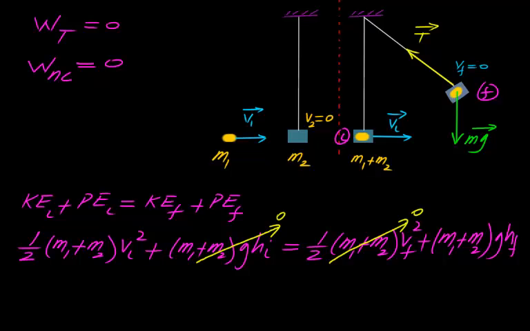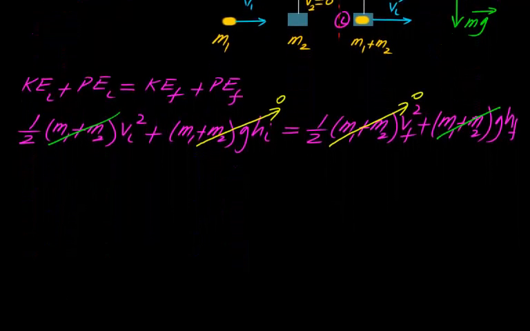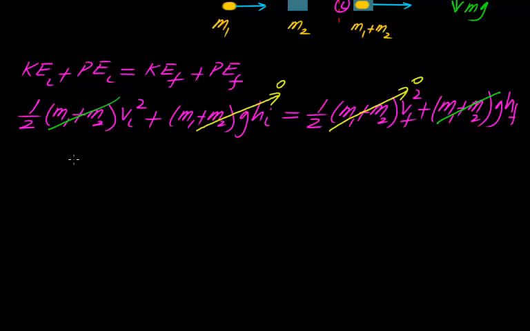Notice also that m1 plus m2 is a common factor, therefore it cancels out. As a result, this expression can be simplified to 1/2 v initial squared equals g h final.